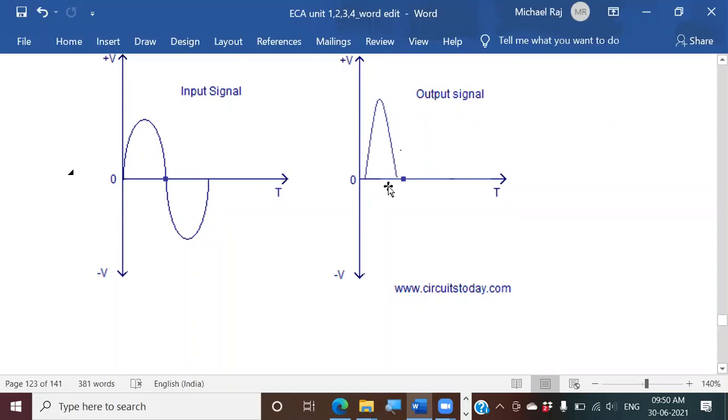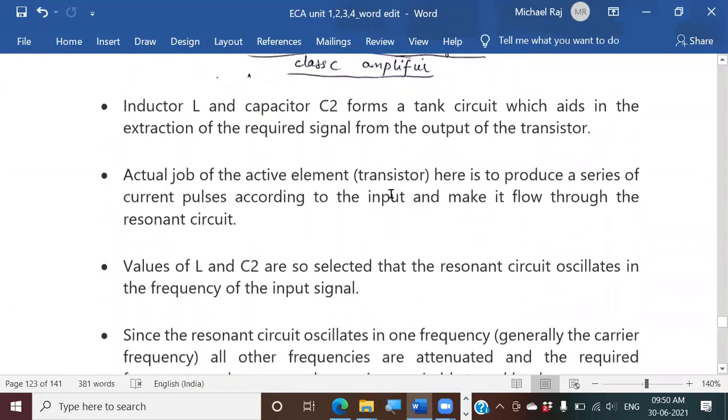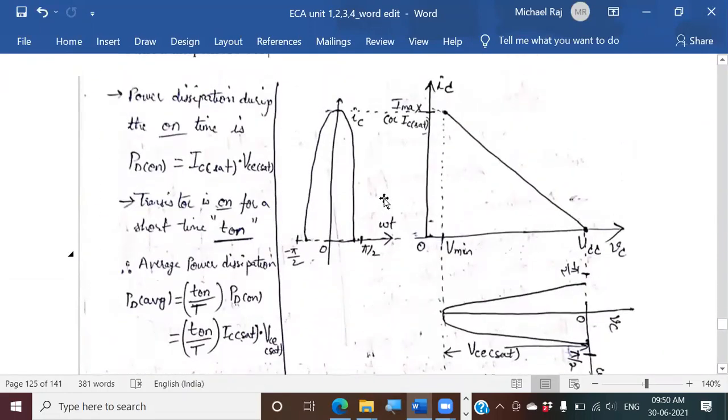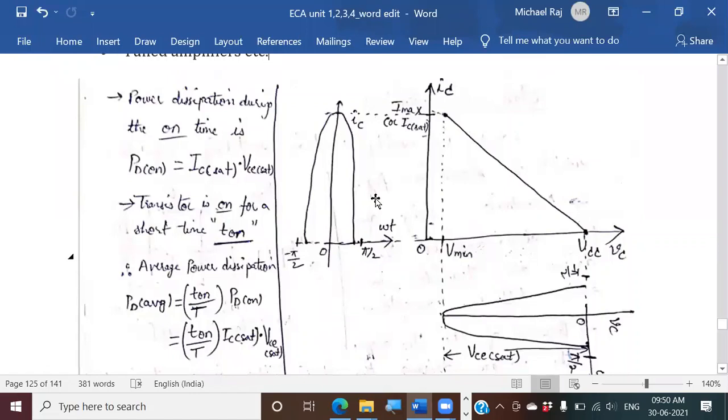What is the on current? The on current is IC sat. What is the on voltage? The on voltage will be VCE sat. If the height is IC sat, then obviously we can call this VCE sat.